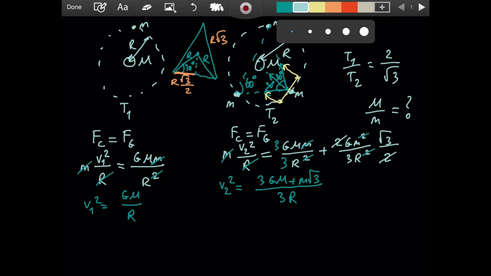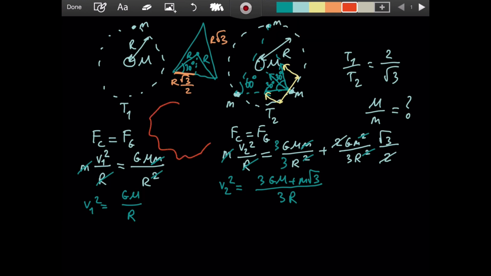Since this is a uniform circular motion, the period in general is the circumference, the distance traveled, divided by the velocity, the speed that you travel it with. Makes sense, I hope. Period is the distance you travel divided by the speed that you have while you take that journey.